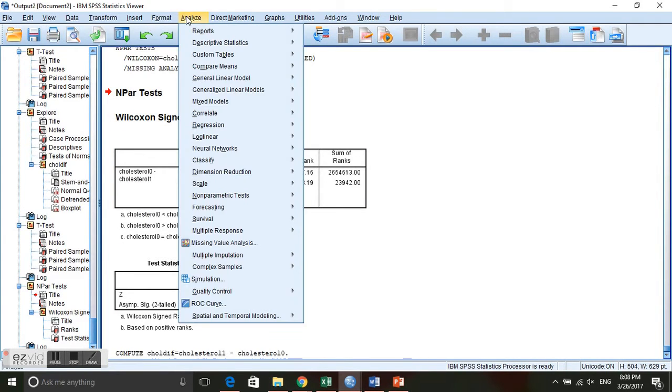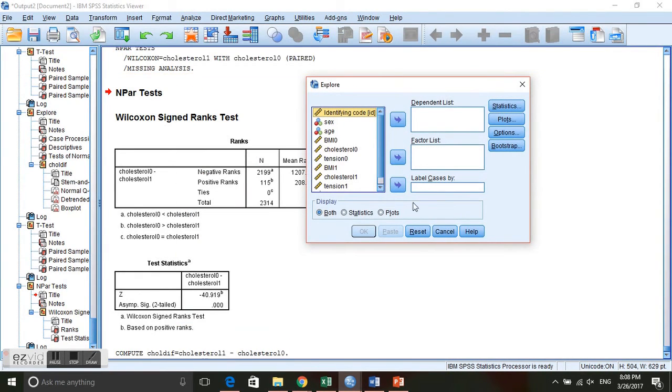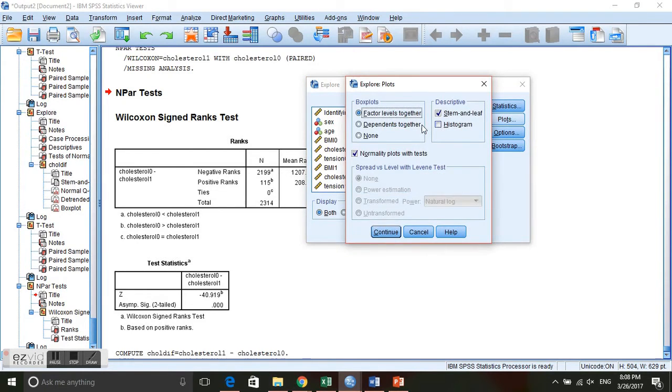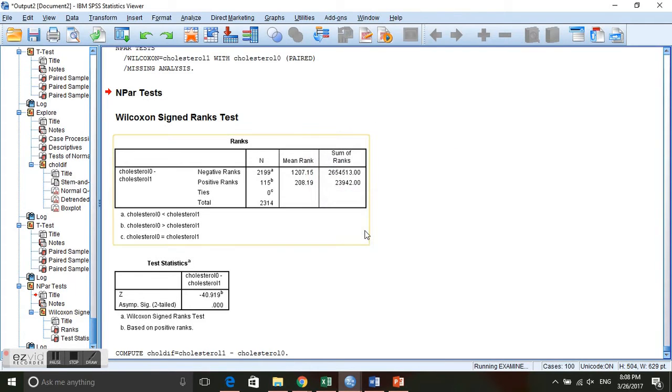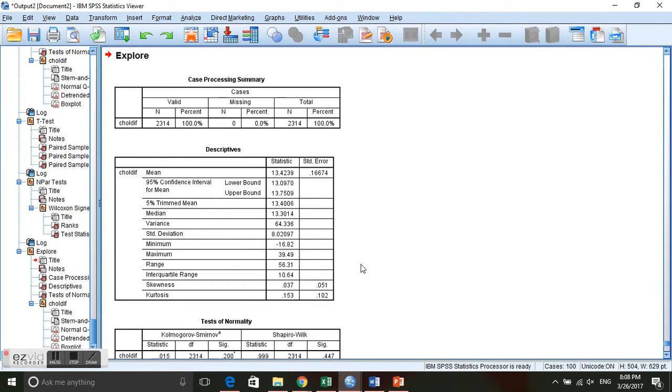Then we need to go to Analyze, Descriptive, Explore, just like we did before. We're going to use the cholesterol difference variable, Plots, Normality plots with tests, Continue, OK. And it's going to give us all of the statistics like before.